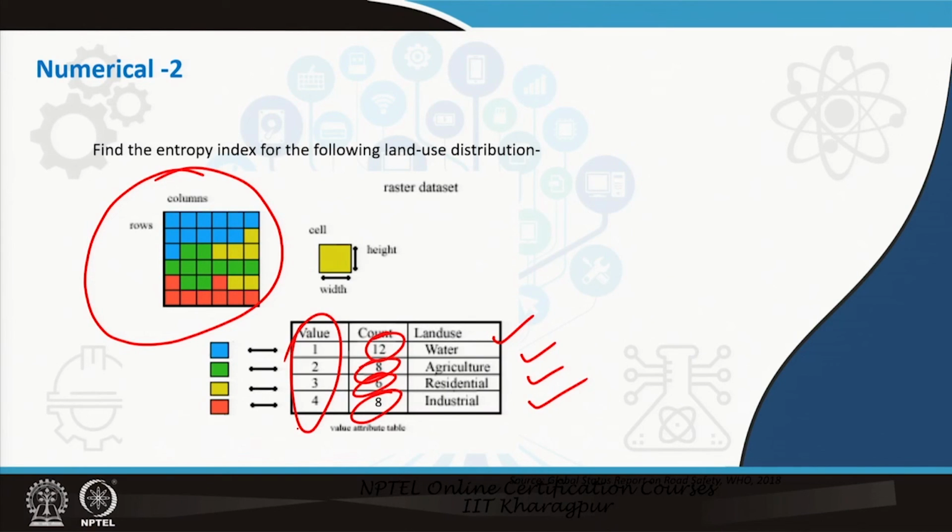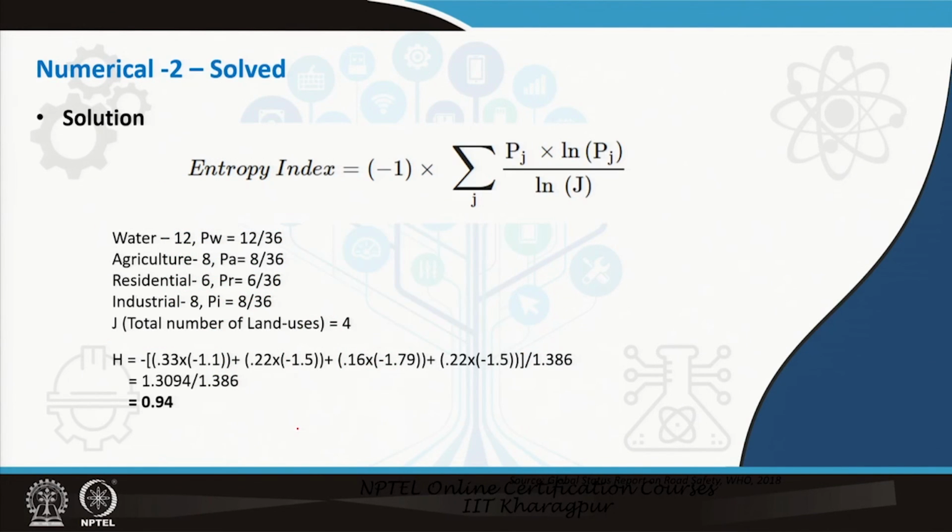Your entropy index would be a summation of Pj, the probability that a cell is of land use type j, times the natural log of that probability, divided by the natural log of the number of different types of land uses. So in this case j is 4.